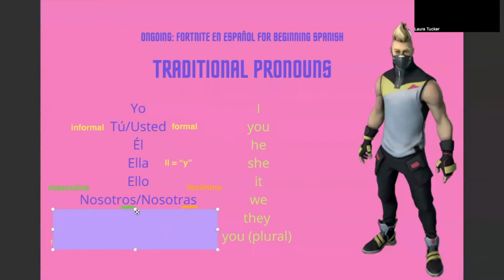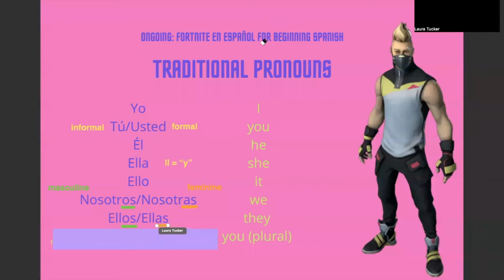Nosotros or nosotras. Next is they, and this also has two options because it also has masculine and feminine. So I'll underline those two. So we could say ellos, that's masculine, or we could say ellas, that's feminine.